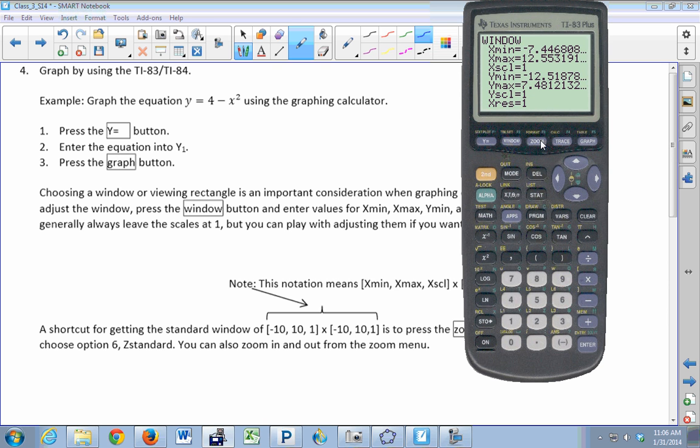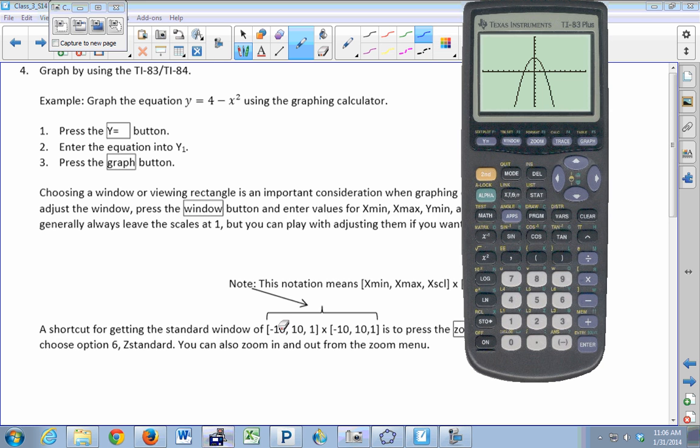You hit your zoom button and you hit 6. And that will graph it from -10 to +10 on both your x and y axis with increments of 1. So both your axes have all of your positive and negative integers between -10 and +10. So let's take a little picture of that.